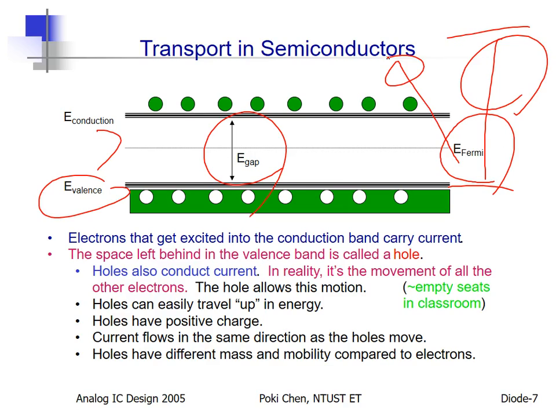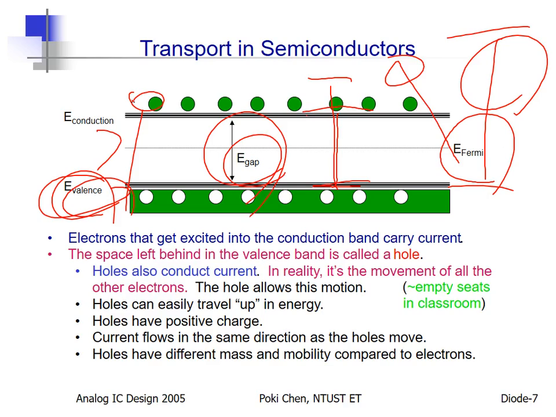But how about light? No, for light, the energy needs to be exactly the same. You say, hey, I shed some light with higher energy. Forget about it. No impact. Only with exactly the same energy will the light energy be totally absorbed by the valence electron to become free.